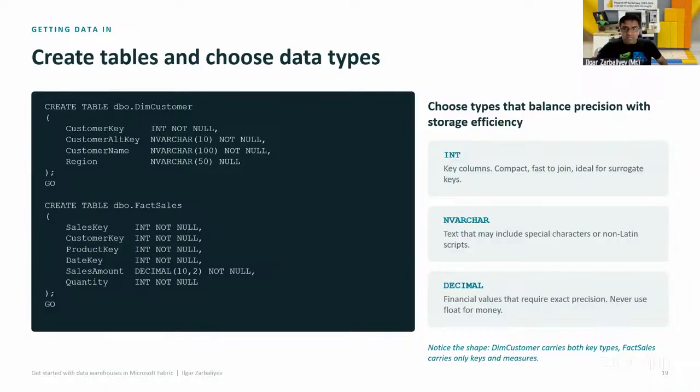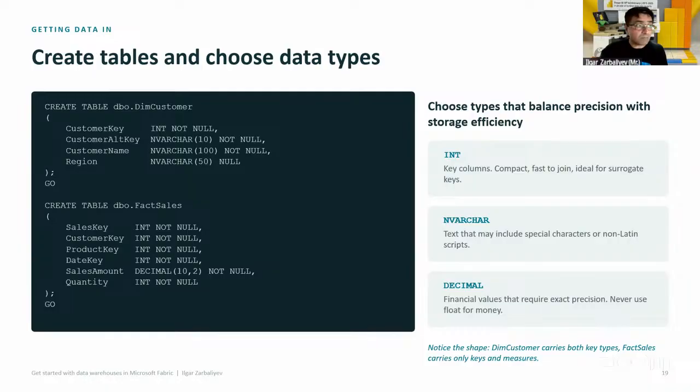All of that context lives in the dimensions. That split is what keeps the fact table narrow. And a narrow fact table is a fast fact table when it has hundreds of millions of rows.